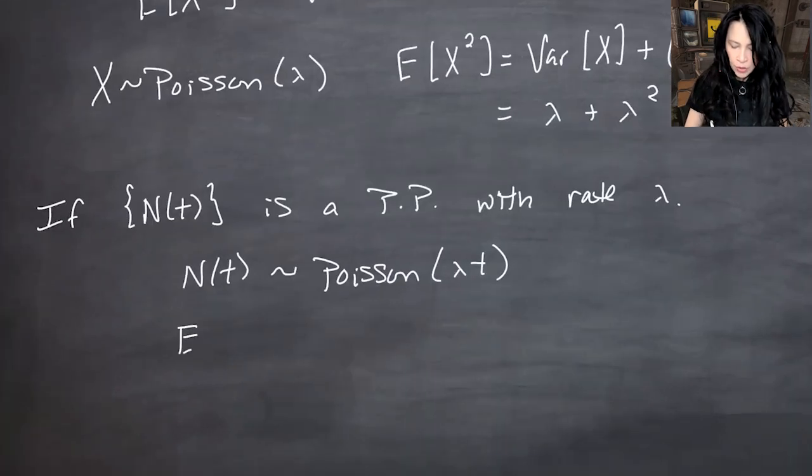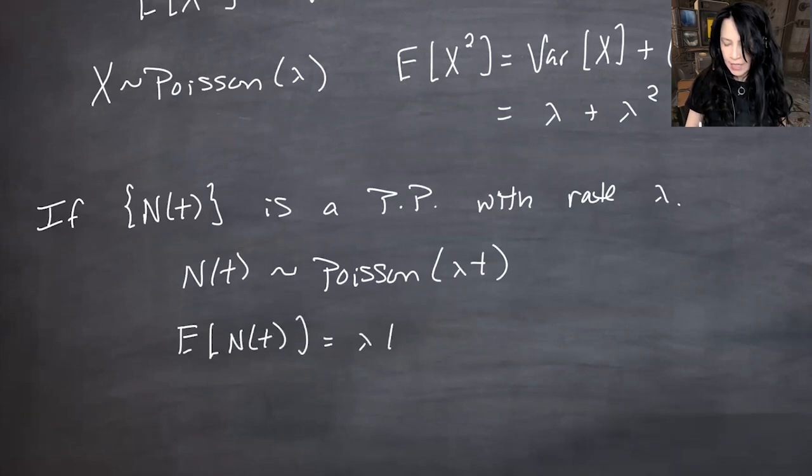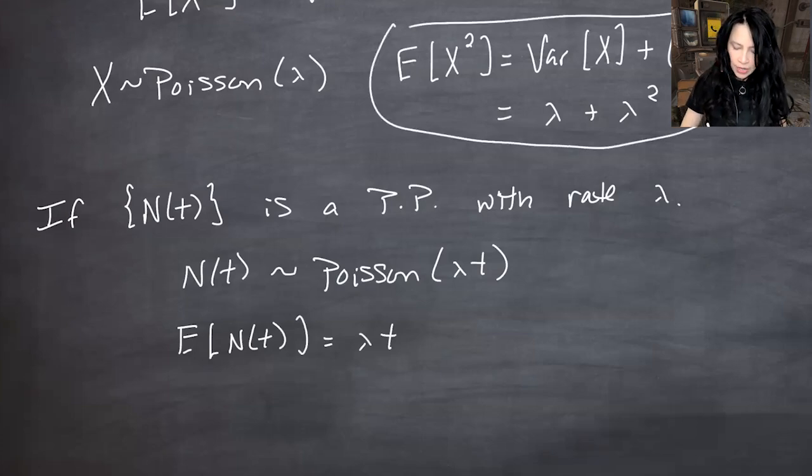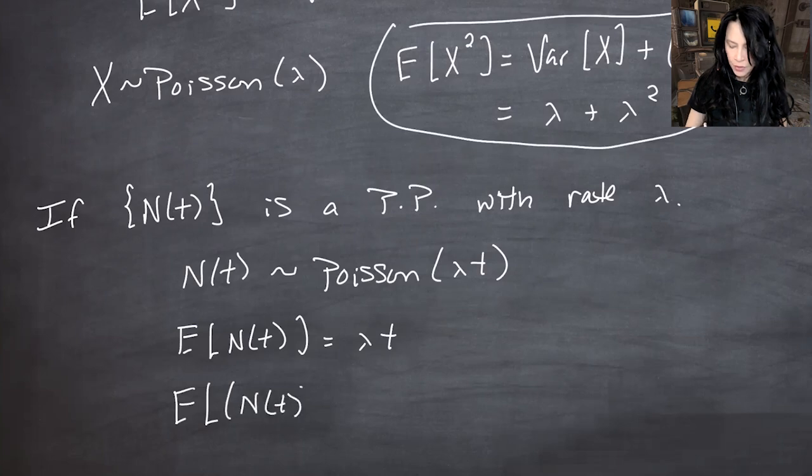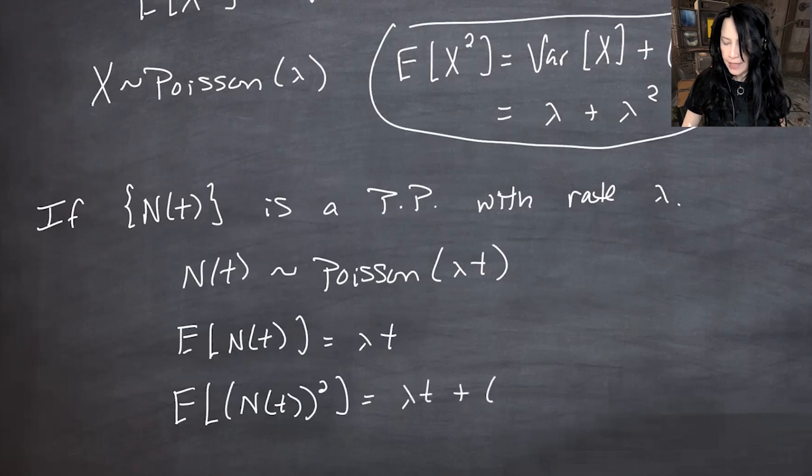And that means we know that the expected value of N(t) is just lambda t. And doing what we did up here, we know that the expected value of N(t) squared is lambda t plus (lambda t) squared.